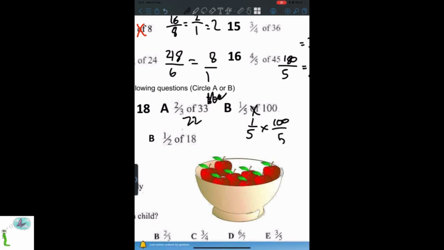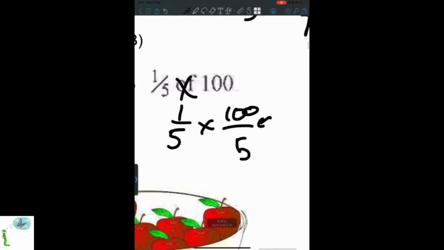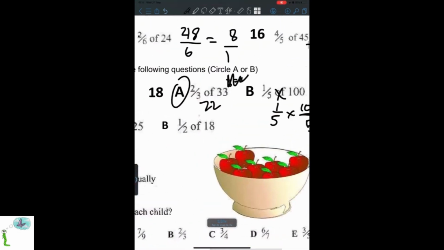So it's going to be 100 divided by 5. Just in case you didn't know, that's what a fraction symbol means, right? It means divide. So this just equals divide by 5. Or you could just simplify it if that's how you like to think about it. And either way, you're going to get 20. Which number is bigger? 22 is bigger.